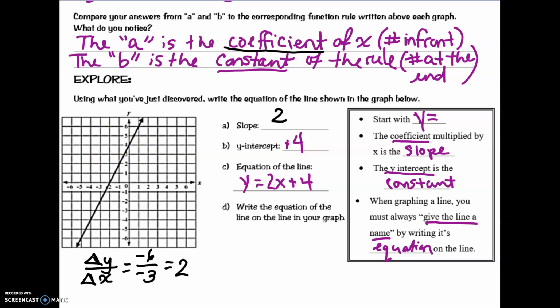And you want to make sure now that you write your equation of this line on the line. So y equals 2x plus 4. It does not matter where on the line you write it. You just need to basically identify that this is the line that's equal to y equals 2x plus 4.